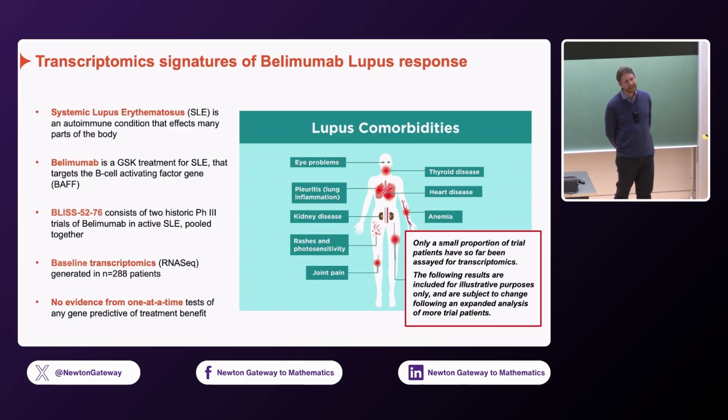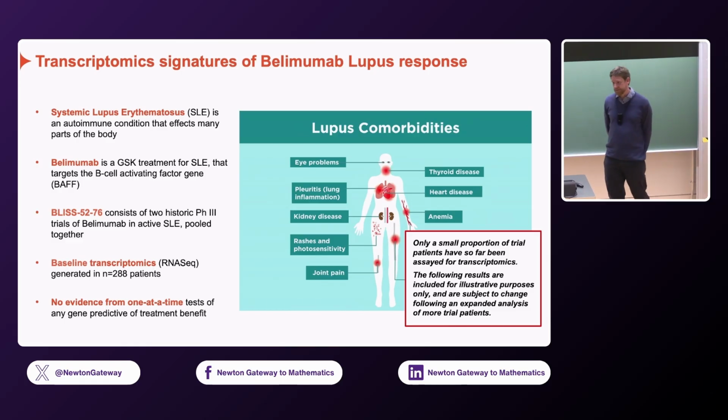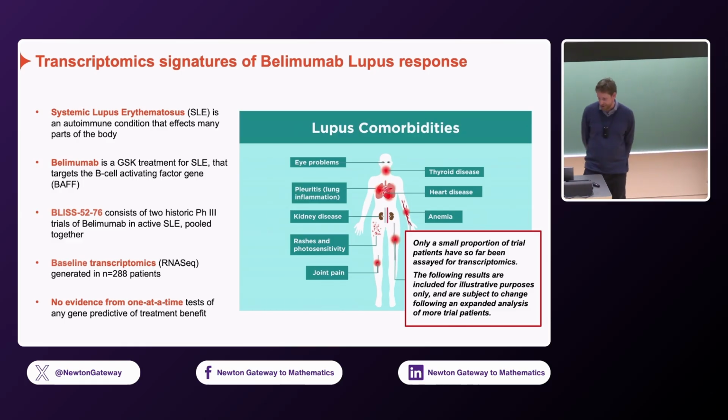I wouldn't take anything I'm about to show you as requiring validation, but there is interest in the company for exploring what is characterizing heterogeneity in response to potentially influence new treatments in this area. What aren't we capturing with belimumab?